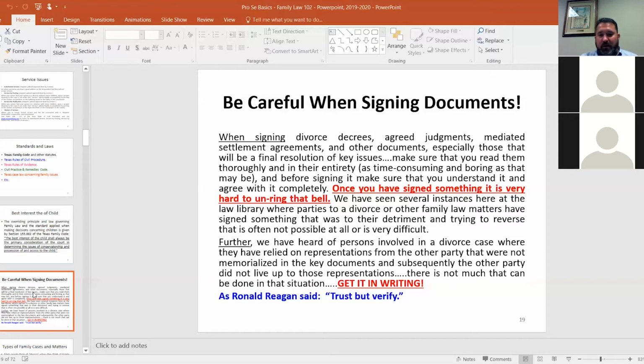We've had people come in here who got divorced with an agreed decree, and important issues weren't included in that decree. They said, well, he promised me he was going to do this, or he was going to let me stay in the house until so-and-so, and it wasn't in writing, and there's not a lot people can do about that. So get it in writing and be careful.